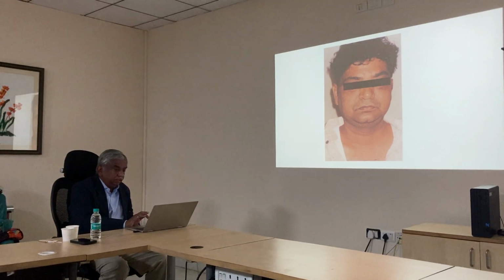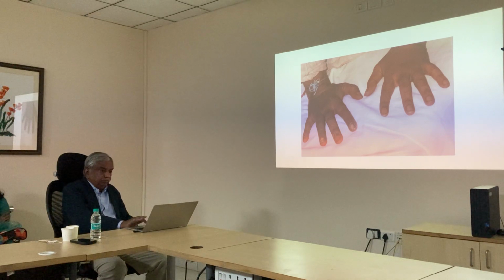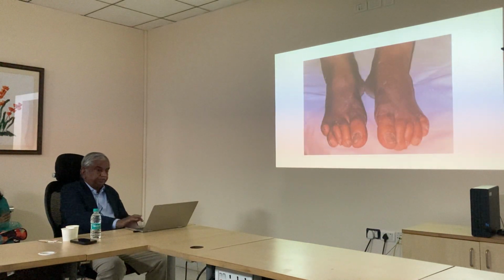Face is puffy, but he was not pale. Worried about the steroid usage. He looks Cushingoid. This was his onychomycosis. Severe onychomycosis.